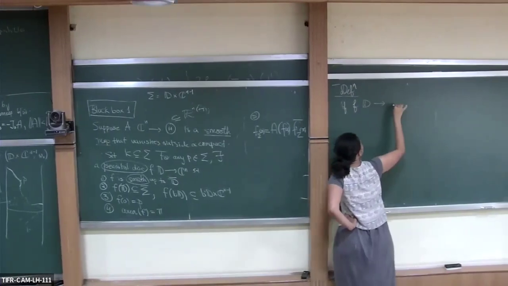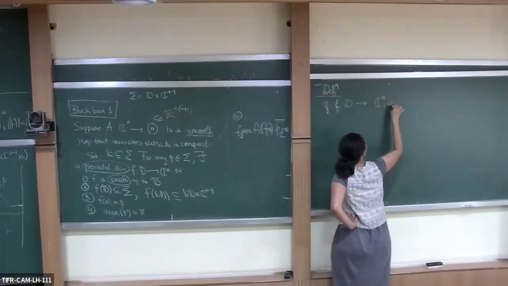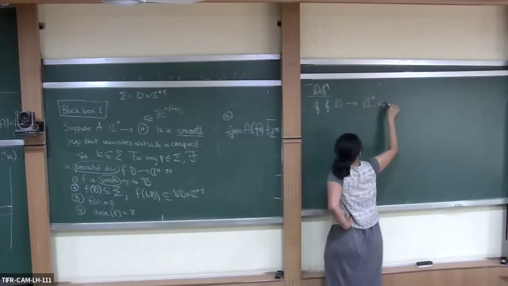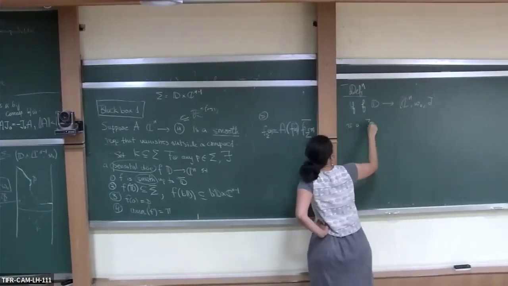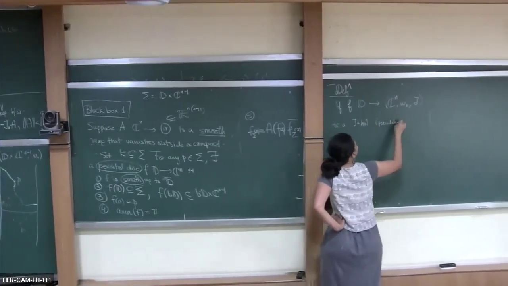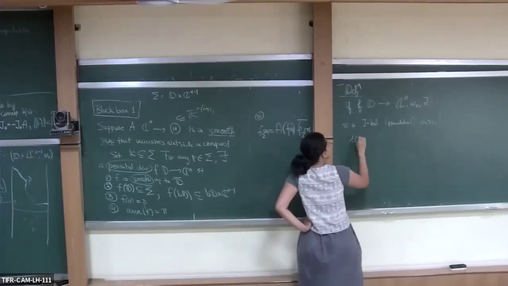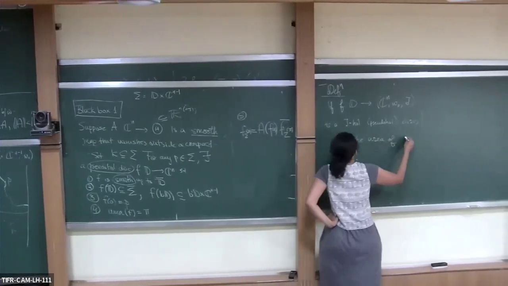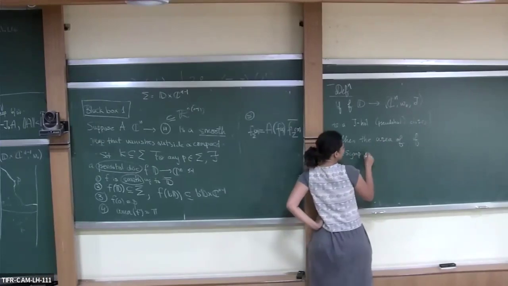It's a map from the disk to Cn with omega naught, but it has some structure J. If F is a J-holomorphic, a pseudo-holomorphic disk, then the area of F of this disk is also sometimes known as the symplectic energy.